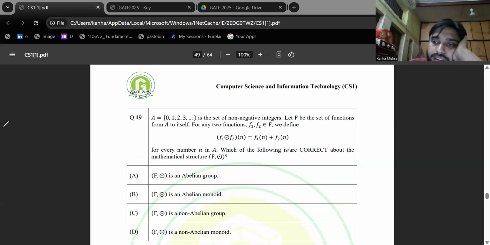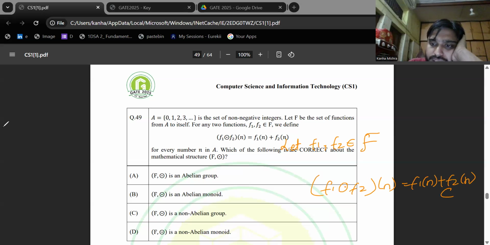Let f1 and f2 belong to the function set capital F. Then f1 ⊙ f2 of n is equal to f1 of n plus f2 of n, which belongs to A, because the sum of two non-negative numbers is always a non-negative number.